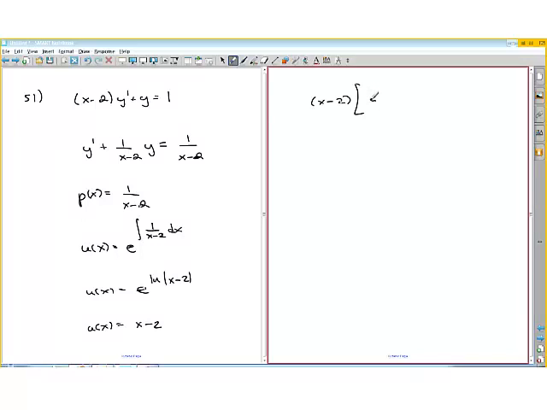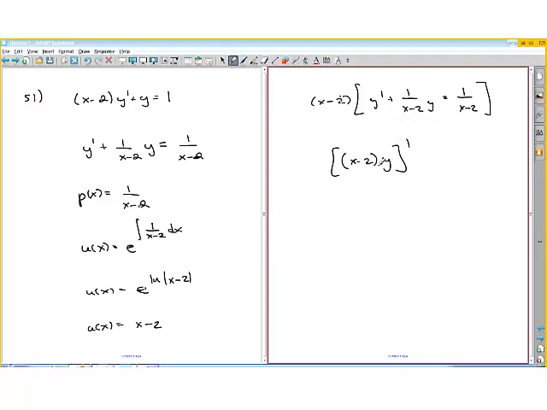So we multiply that by the equation in standard form. Okay, so now what happens? Well, these two added together times that just becomes x minus 2 times y, the whole thing primed.